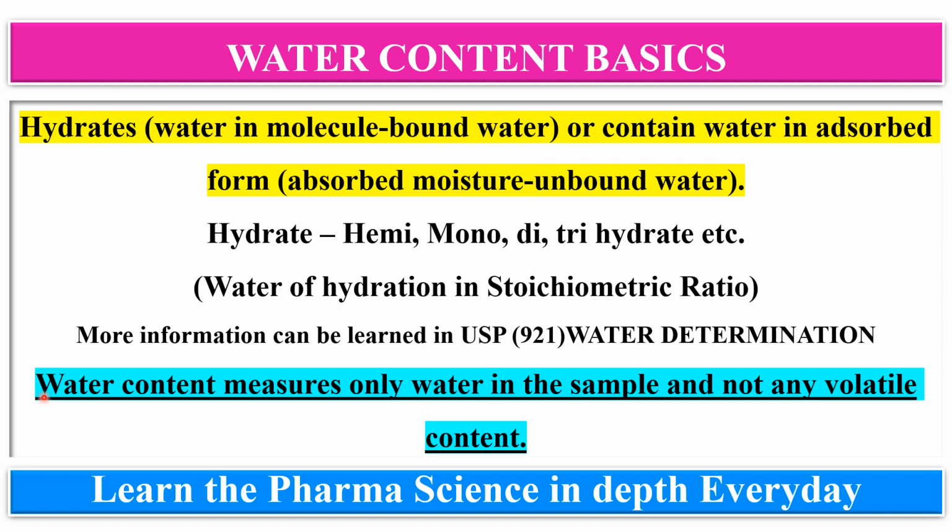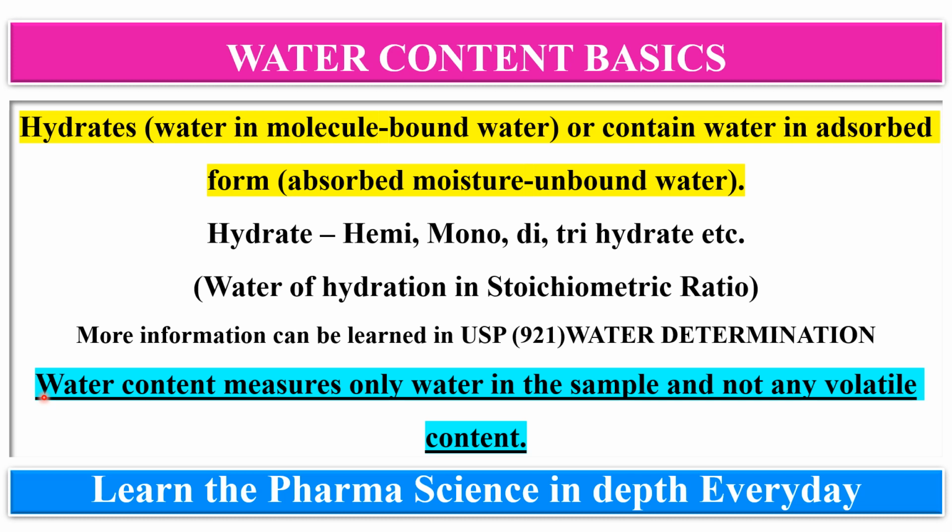Hydrate materials are those in which water is present as a part of the molecule, and the examples are hemihydrate, monohydrate, dihydrate, trihydrate, sesquihydrate, and so on. This water of hydration is present in the molecule in a stoichiometric ratio, so a particular ratio is there for this water content.